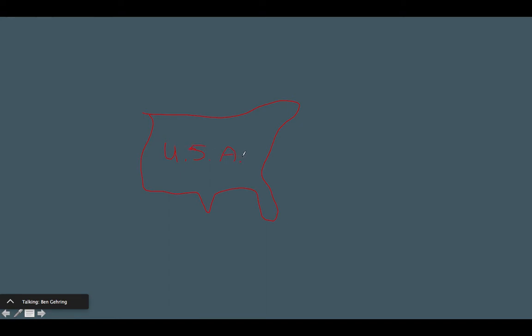Okay, so we have two large bodies of water, one on either side of us. On the west coast, there's a large body of water over here called the Pacific Ocean. So if you label this the Pacific Ocean, we can work with that. On the east coast, you have another large body of water called the Atlantic Ocean.